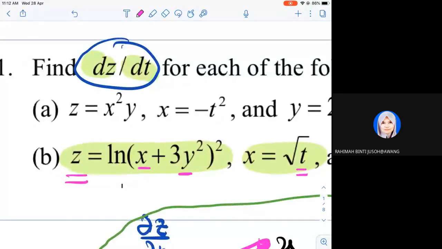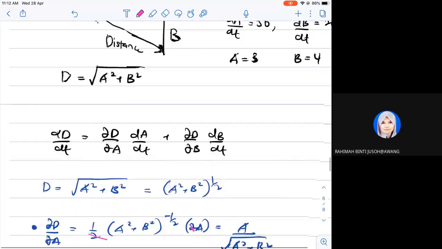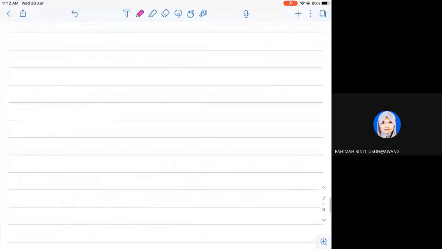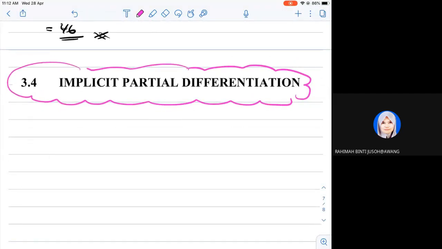Main subject tu duduk dekat luar, Z tu duduk kat luar macam ni kan. Dia separated. But for the case of implicit differentiation, implicit partial differentiation, the main subject is defined inside the function itself. Saya bagi contoh example yang paling simple dulu.